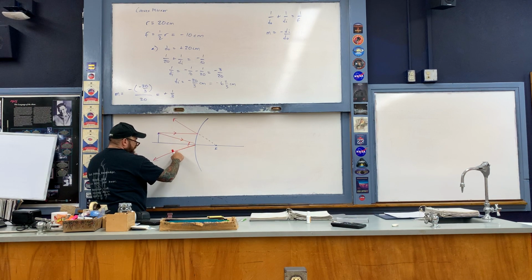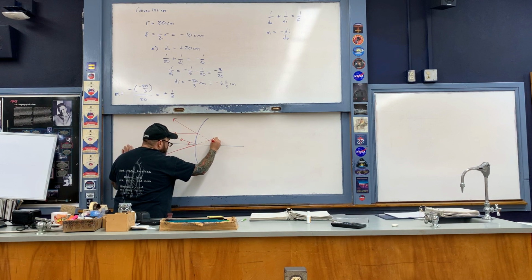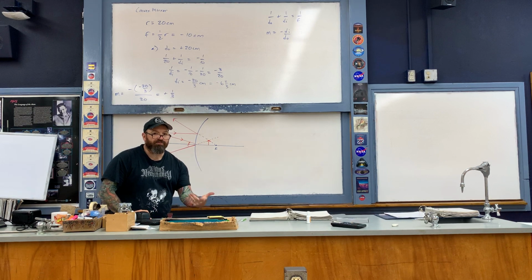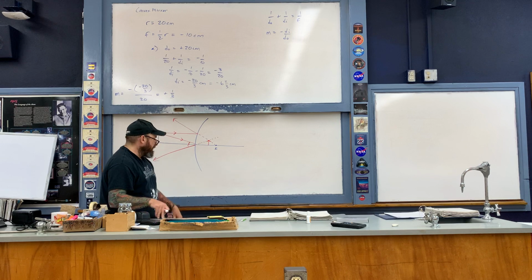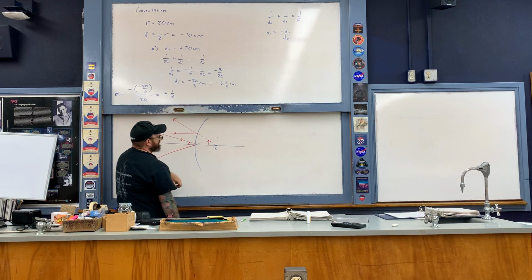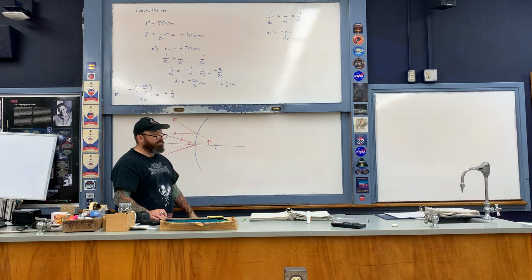Notice that these two reflections here and here are diverging from each other, so extend this back behind the mirror like so, and right there is where the image of the arrow forms. So you end up with an upright virtual image that is small. This distance right here was the 6 2/3 centimeters that we calculated for the image distance, and the size of the image here is 1/3 the size of the object.